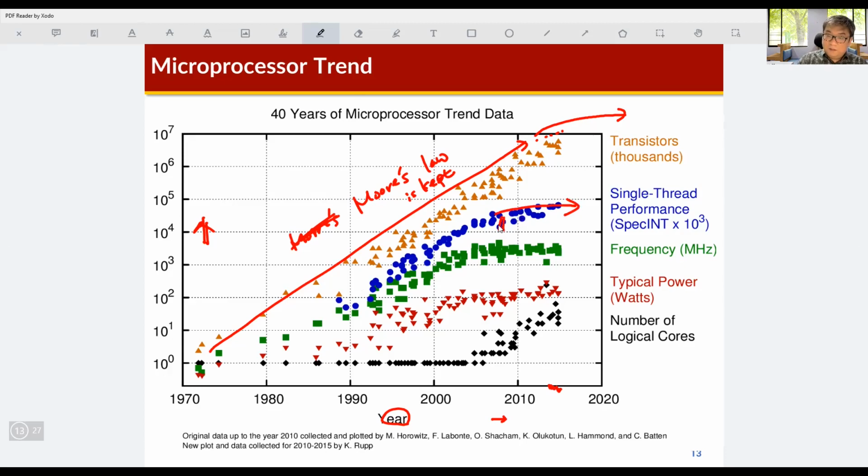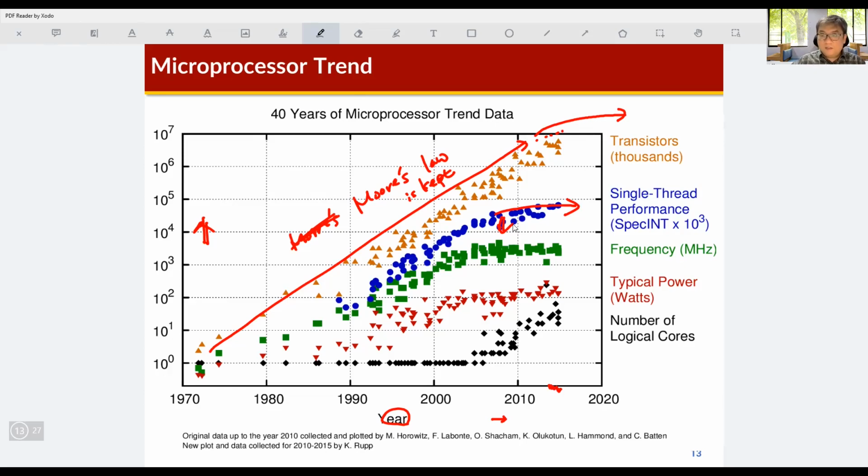What does that mean? For the single thread application, the performance is saturated. And that's true. For the personal computer system, the performance of this Intel single core is nearly the same as the old generation CPU, right?